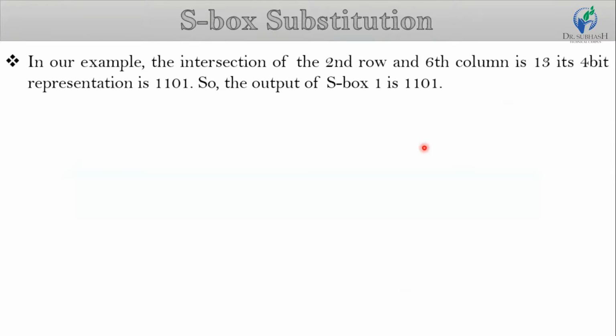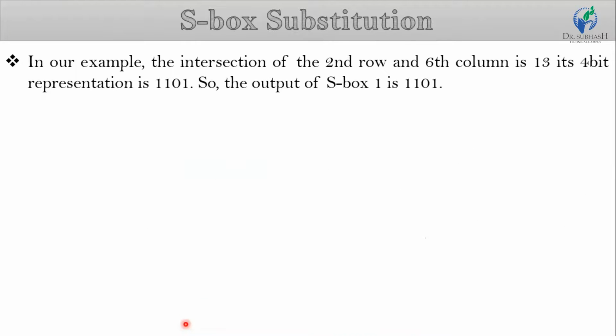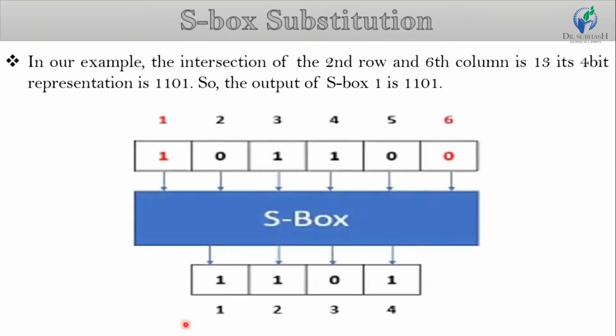So, in our example, the intersection of the second row and 6th column is 13. Counting rows 0, 1, 2 and columns 0, 1, 2, 3, 4, 5, 6, we find 13, whose 4-bit representation is 1, 1, 0, 1.